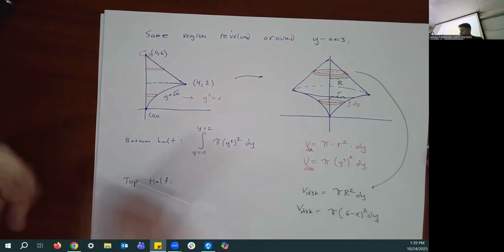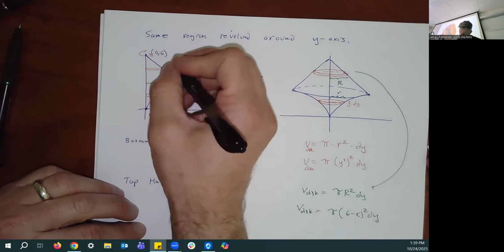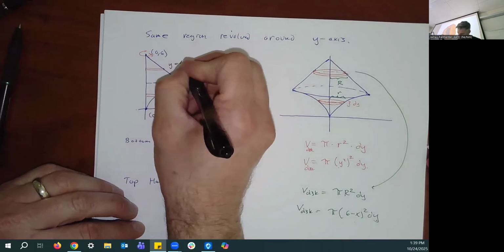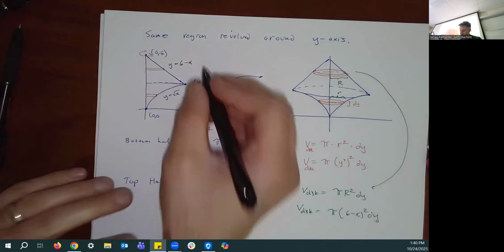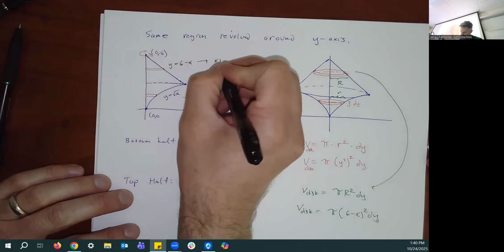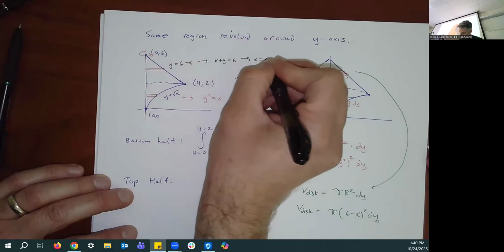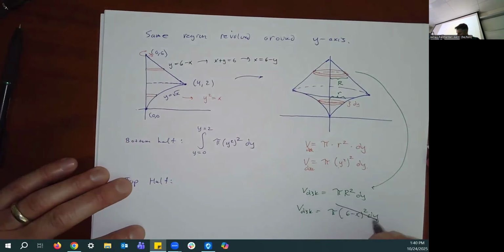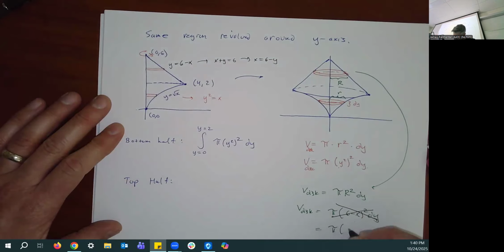The function is y equal to 6 minus x, and if you solve for x in terms of y, you get x plus y equal to 6, and then x equal to 6 minus y. So it's going to be pi times 6 minus y squared dy.